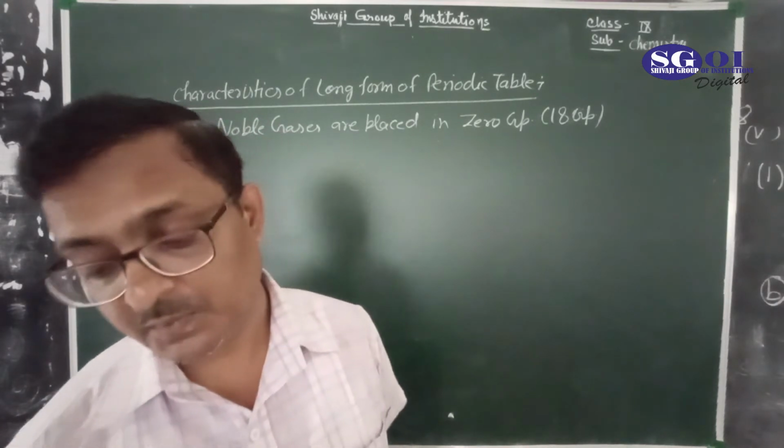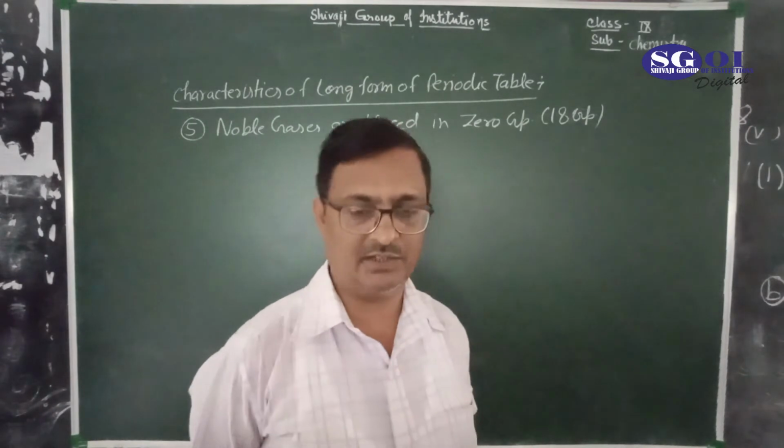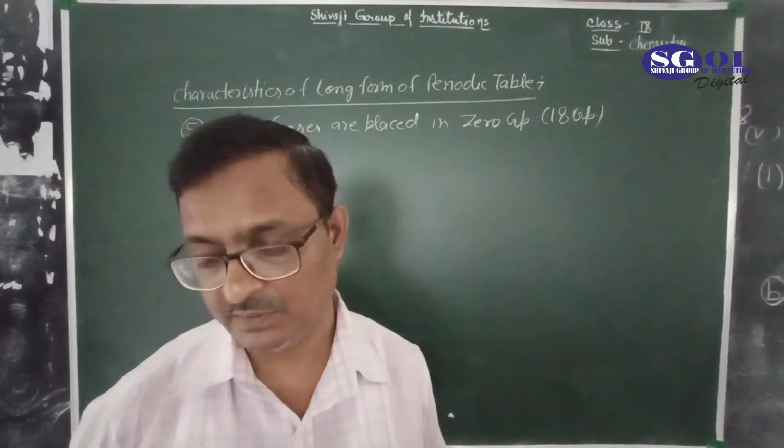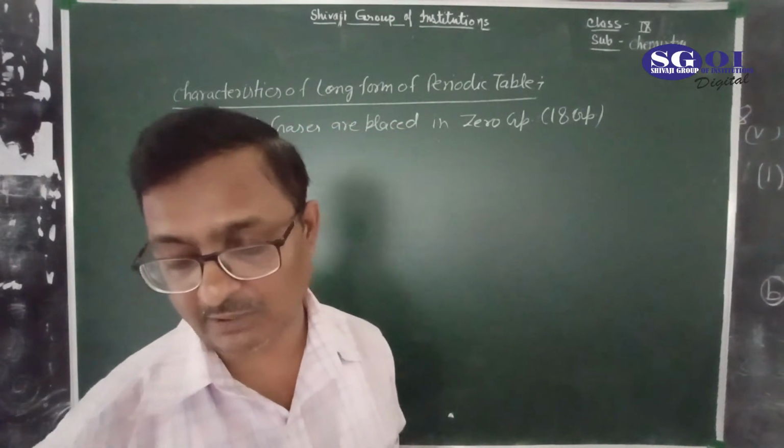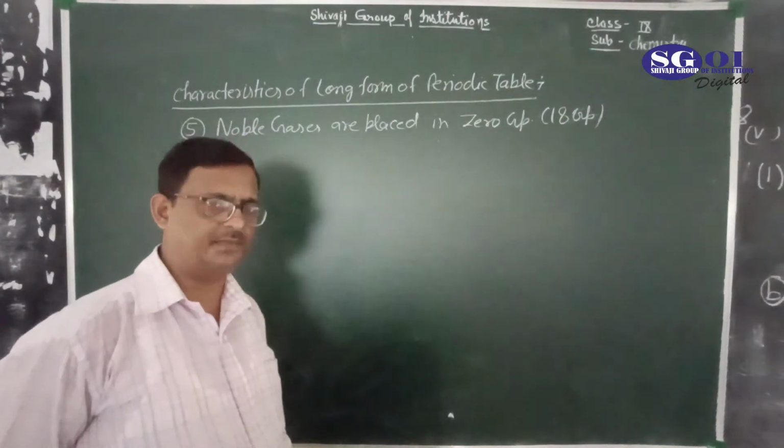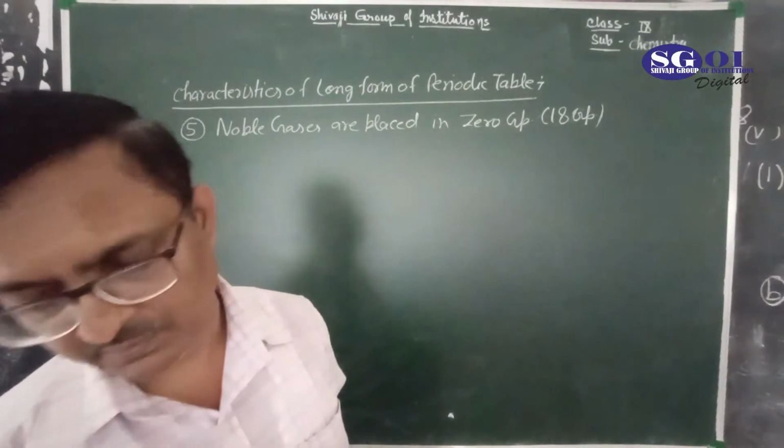Elements occupying the left and right side in vertical columns are called normal or representative elements.